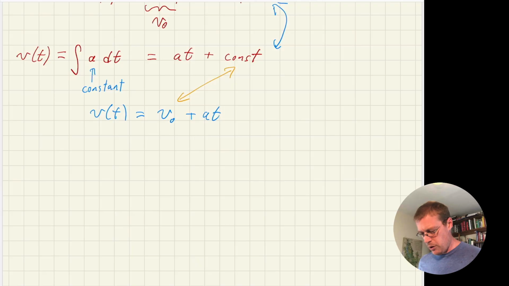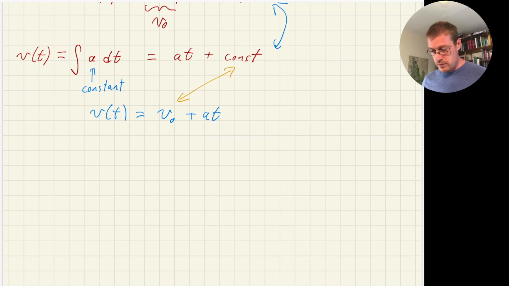Okay, let's now get back to thinking about the physics of this object moving with constant acceleration. So what we see is that the velocity increases at a constant rate. That makes sense. You have a constant acceleration, you have a constant rate of increase of velocity. I'm going to draw a graph of this, and there are two possible cases: the case where V naught is positive and the case where V naught is negative. Let me first do V naught positive. It doesn't look that much different in the two cases.